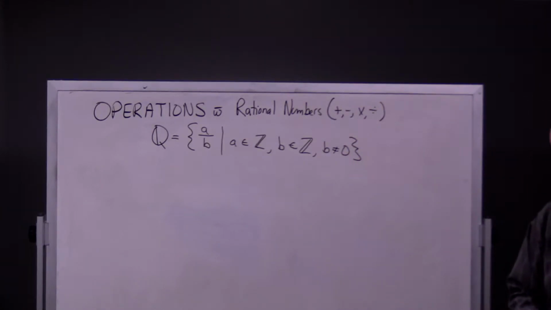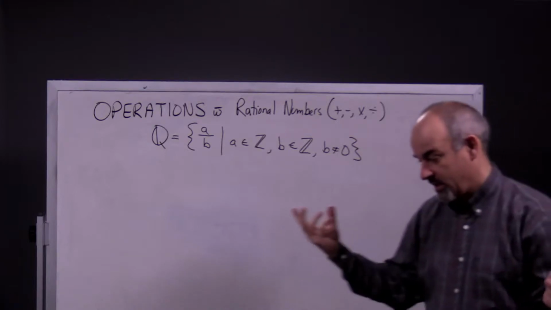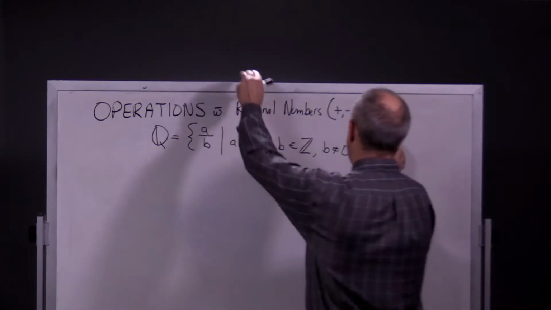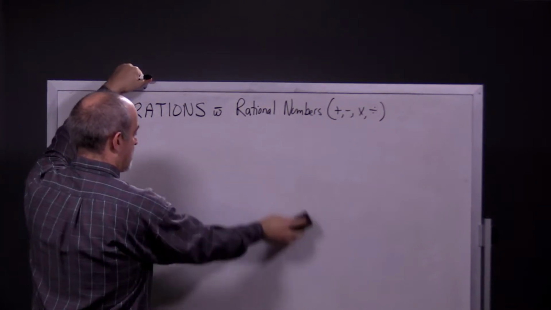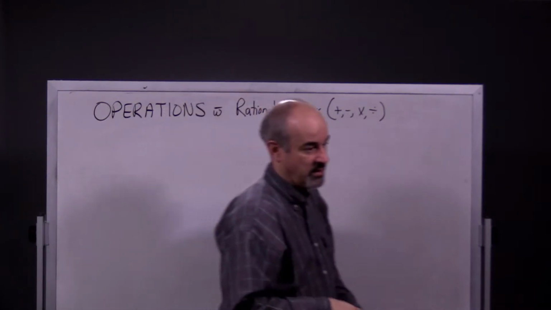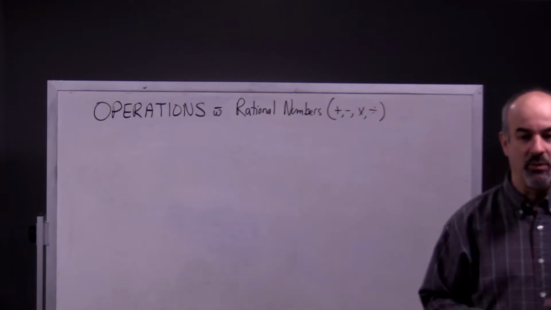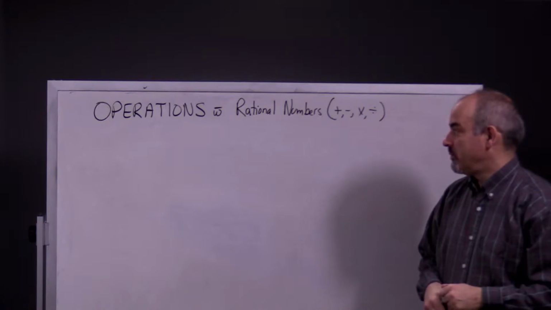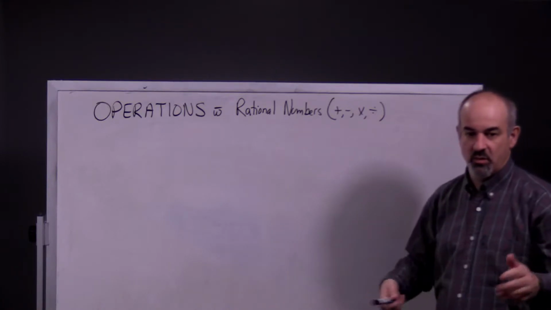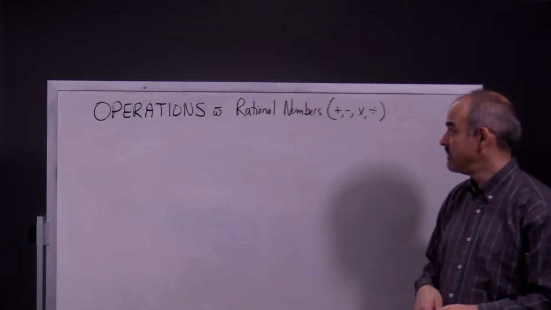Alright, so that's what a rational number is. Basically, like I said, it's a type of fraction. Even integers, like 8, are rational numbers, because 8 can be written as 8 over 1. So rational numbers also include integers.